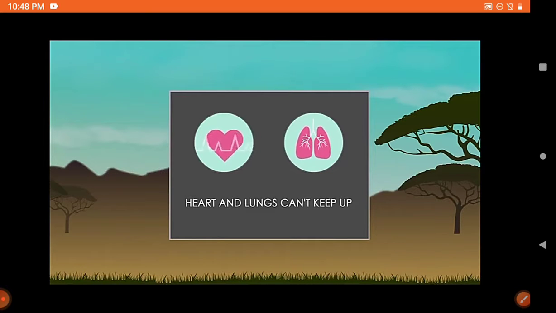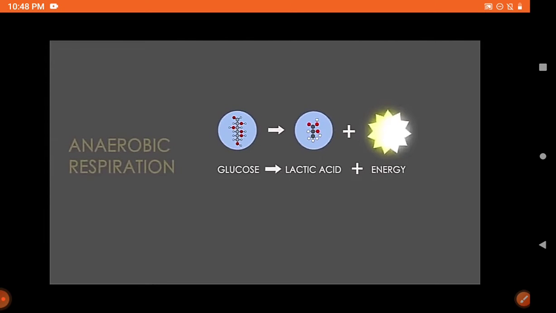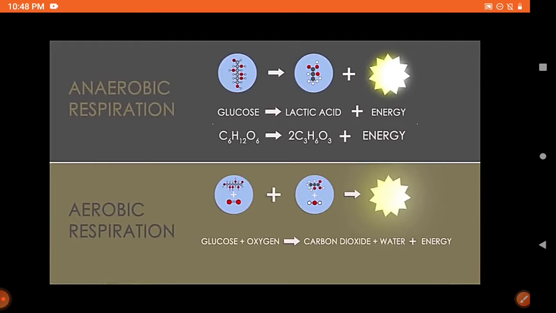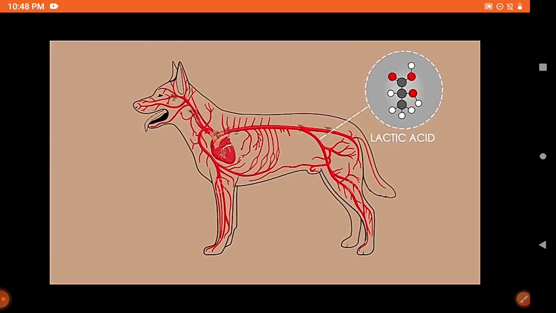So anaerobic respiration is carried out instead. It is represented by this equation. See how it differs from aerobic respiration. There is no oxygen involved in anaerobic respiration. Also, less energy is released. This is because the glucose is only partially broken down, so it is less efficient than aerobic respiration. The glucose is broken down into lactic acid and energy.